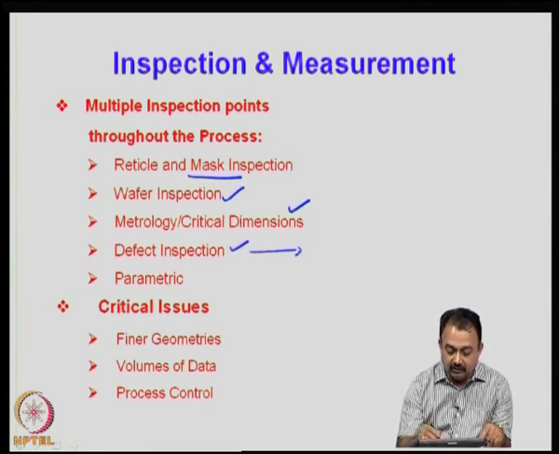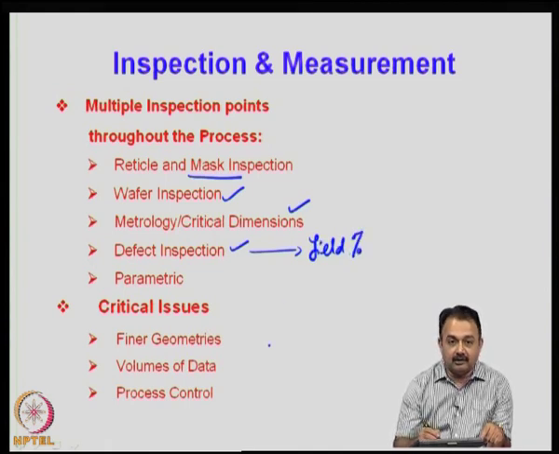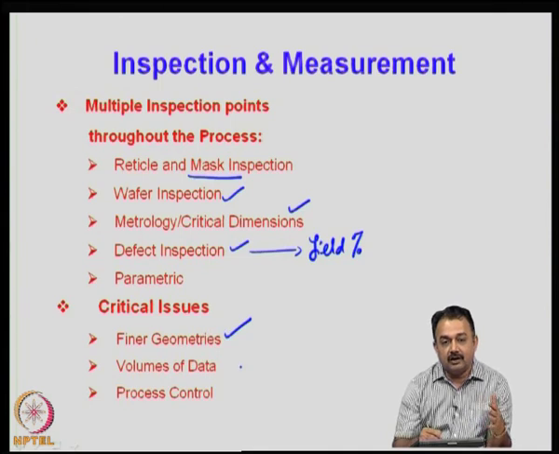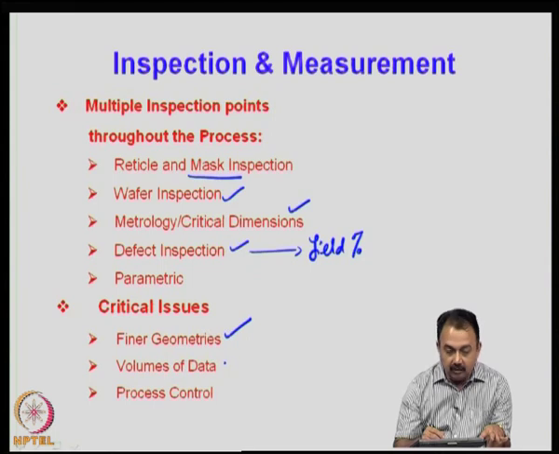This also goes into yield percentage calculations and parametric inspections. Critical issues will be fine geometries, how well they are defined, and then you have to keep note of what has gone into various batches of the processes, including data control, process control difficulties, and so on.